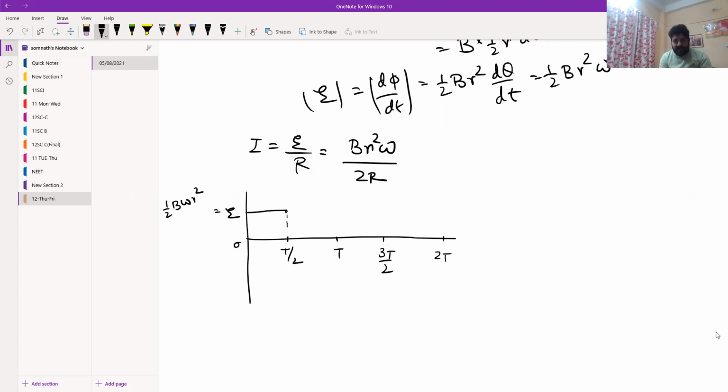When it is coming out from region 2 to region 1, it will be just the opposite, yes or no? In this one, suppose the flux is increasing, in this one the flux is decreasing, because in this one it will try to enter region 1 to region 2, and then from this one region 2 to region 1, again the flux is increasing, again the flux is decreasing. Got it? This one? Yes, sir.